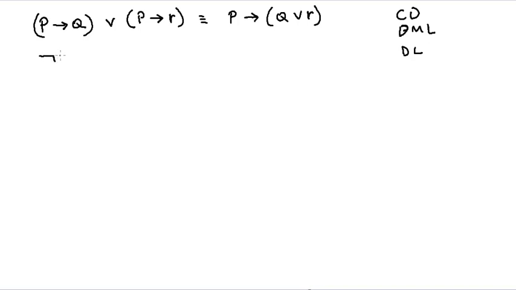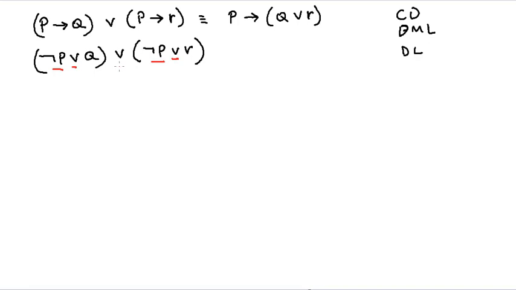P implies Q, and P implies R. So we use the conditional disjunction. Now the distributive law is easy to apply, right? We have not P common, not P. We have or and or.